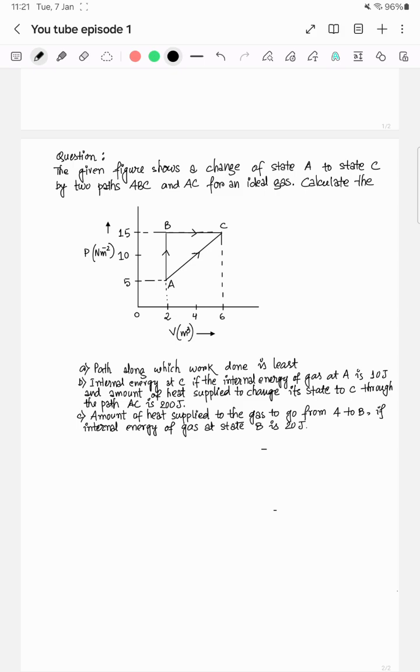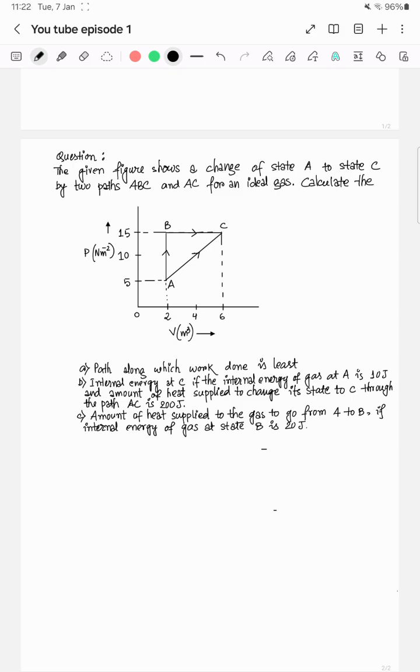The question is: the given figure shows a change of state A to state C by two paths ABC and AC for an ideal gas. Calculate, number one, the path along which work done is least.